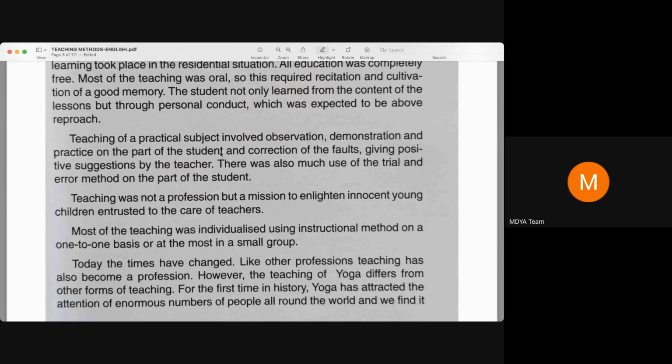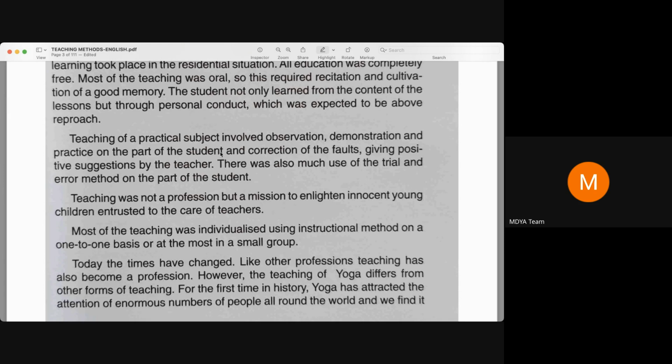So the teacher, it was the duty of a teacher to mold that raw child of a parent. So most of the teaching was individualized, using the instructional method on a one-to-one basis, or at the most in a small group.